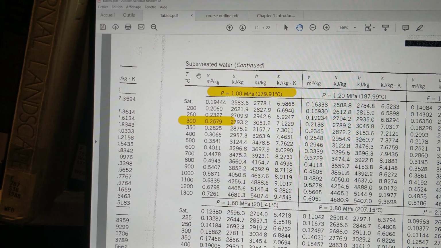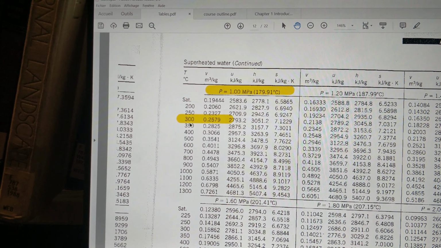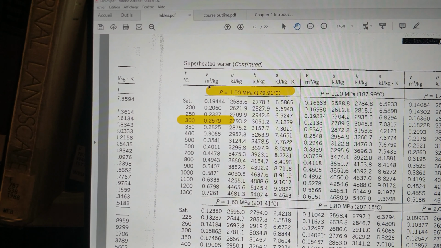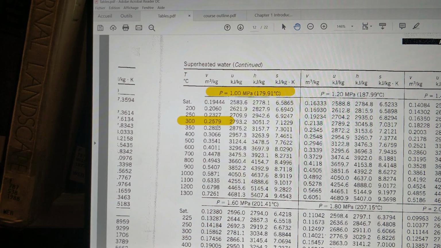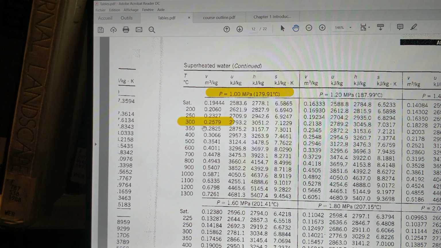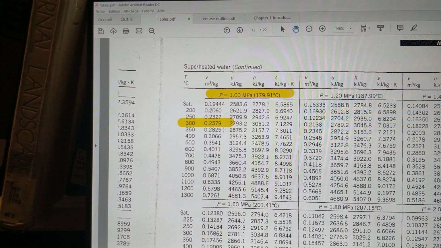Well, assuming that the temperature values actually form a linear relationship, and same thing for the specific volume, how we would go about solving this problem would be creating a table.